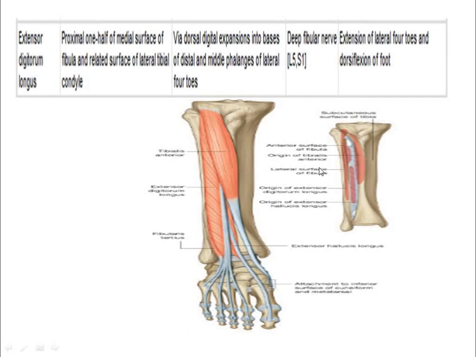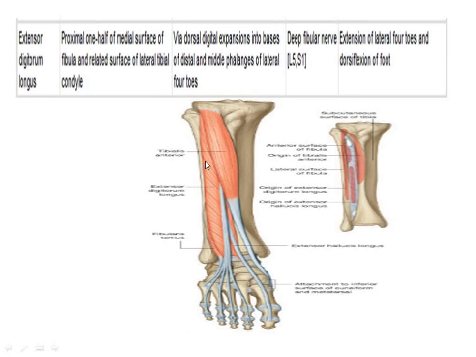This muscle arises from the proximal half of the medial surface of the fibula and, to some extent, from the adjacent region of the lateral condyle of the tibia.